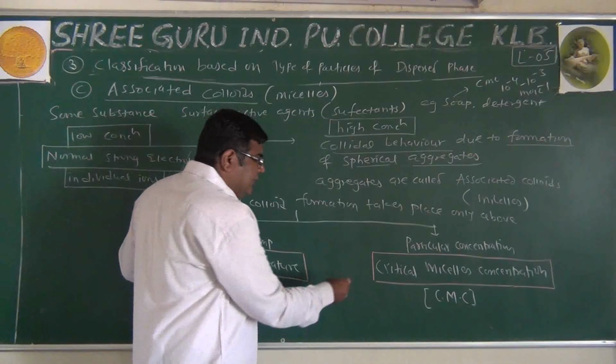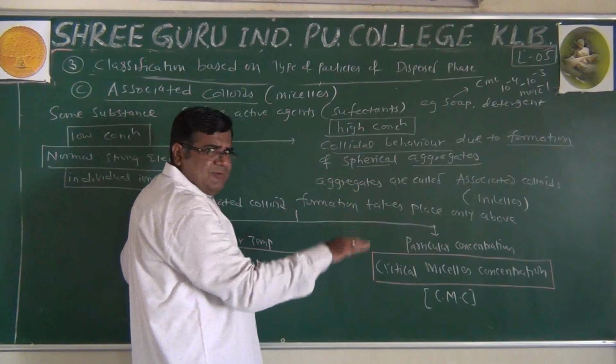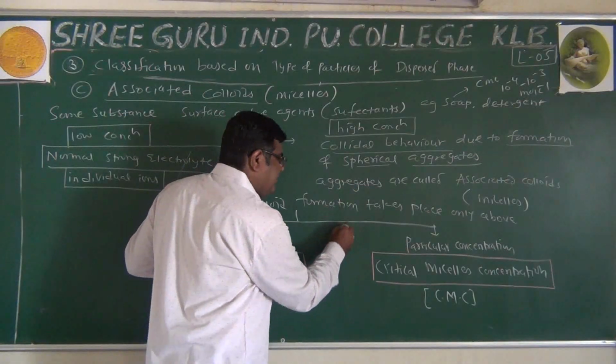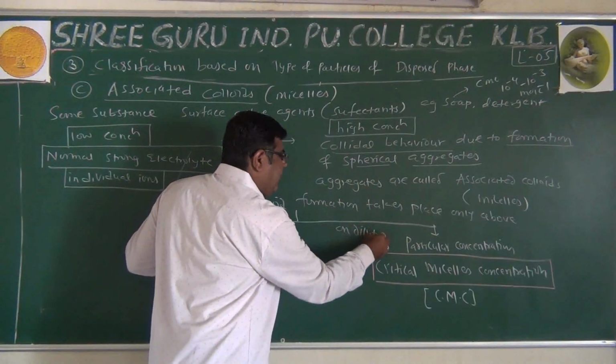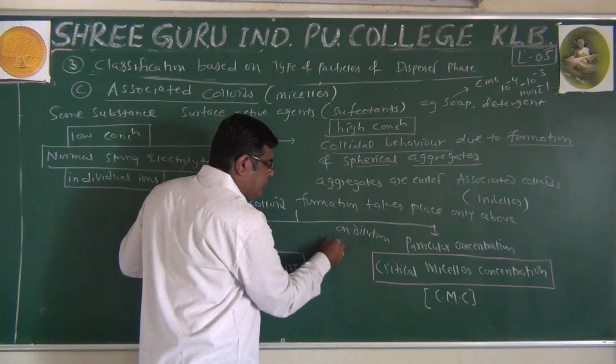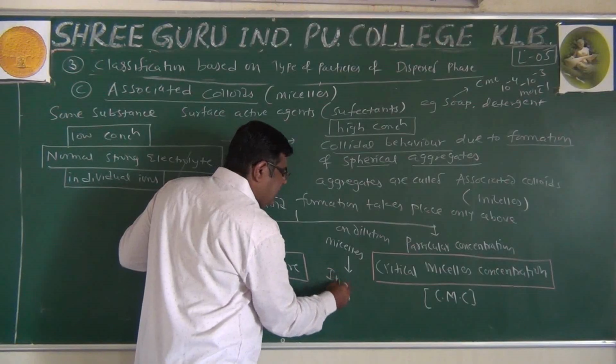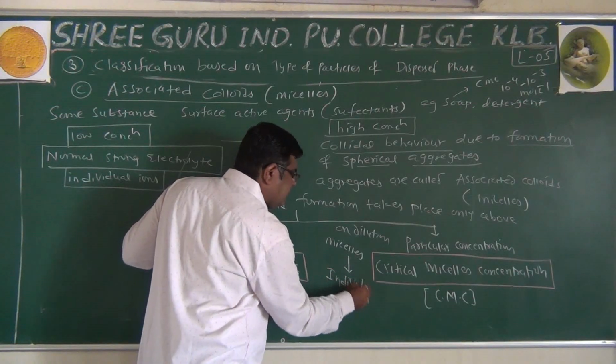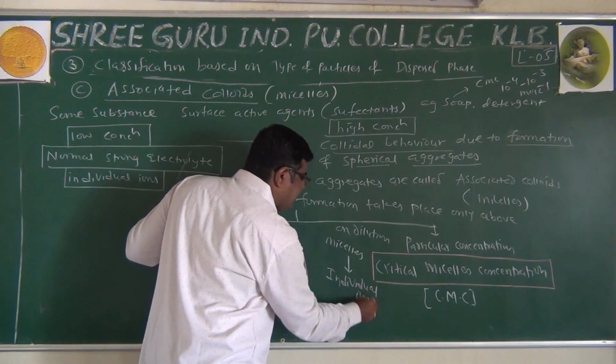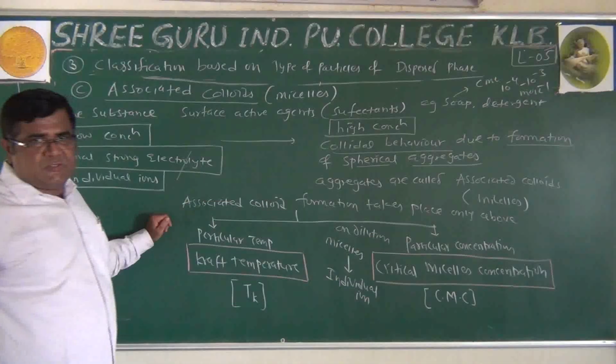If we dilute it, it means the concentration is below CMC. On dilution, these associated colloids convert back to individual ions, which means they become a true solution.